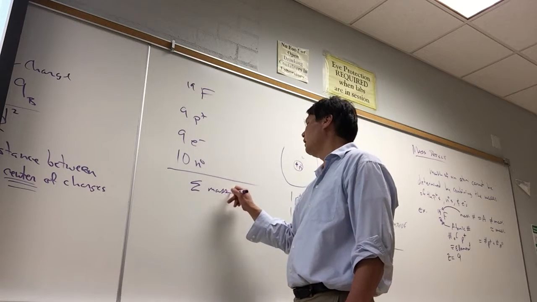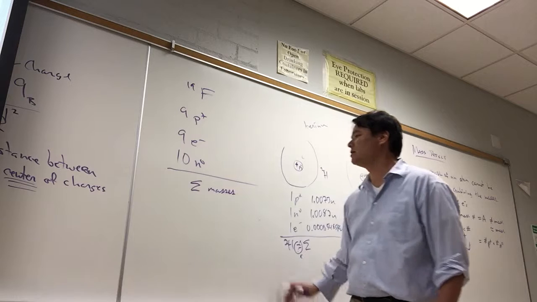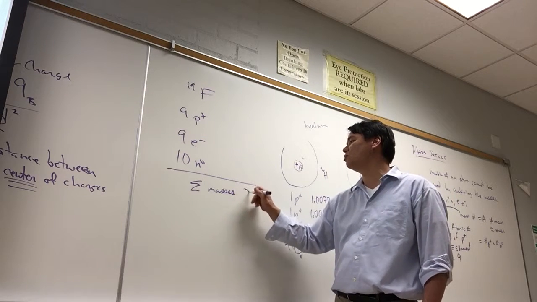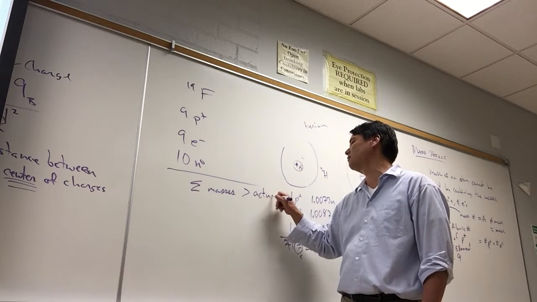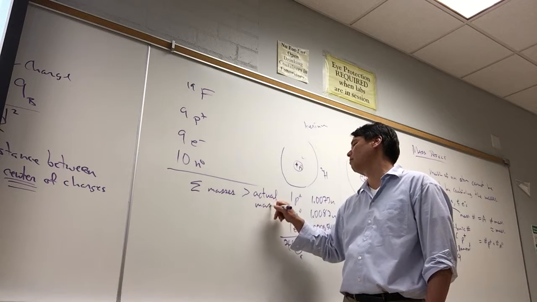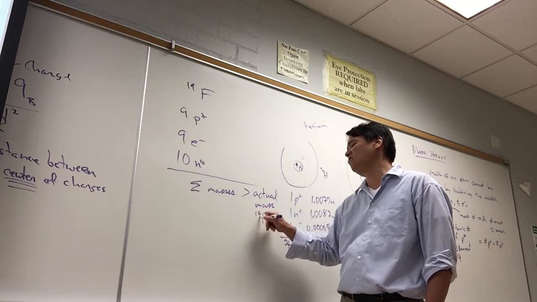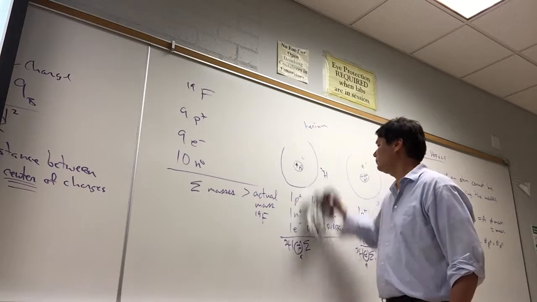And so if I want to figure out how much a fluorine weighs, I just sum up the masses. If I sum up the masses, the sum of the masses here is greater than the actual mass of fluorine-19. Why?